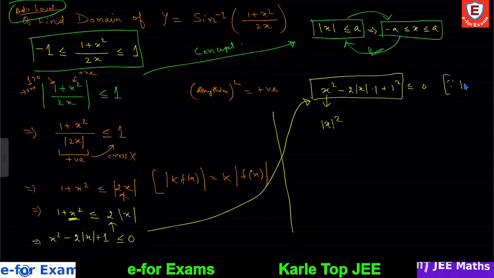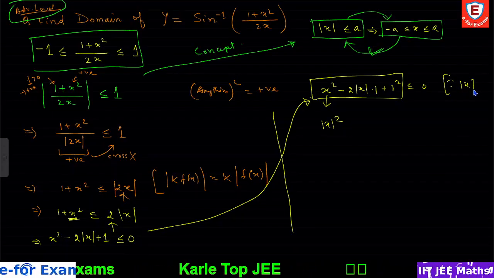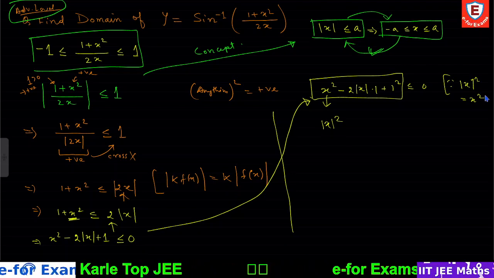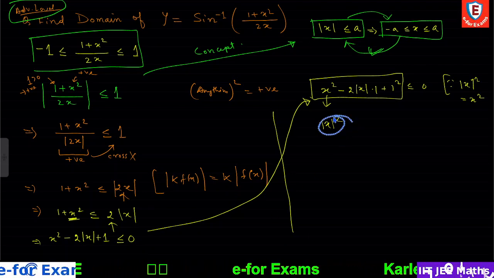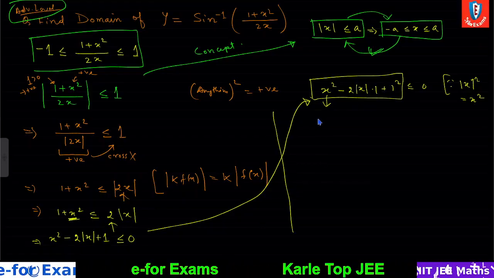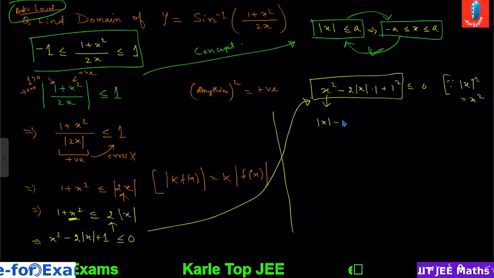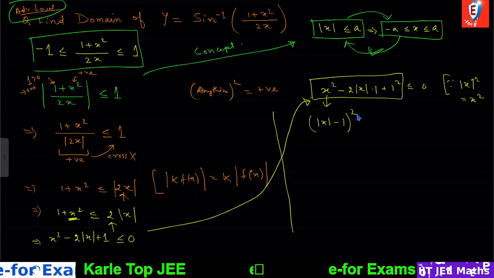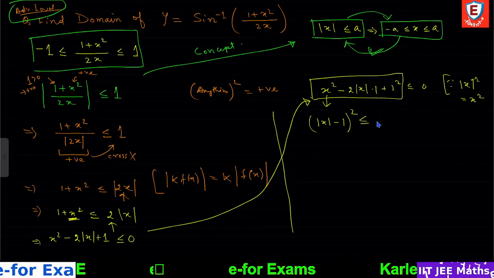Since mod of x whole square equals x square, that is why. So this is of the form (mod x minus 1) whole square. Mod x minus 1 whole square less than or equal to 0.